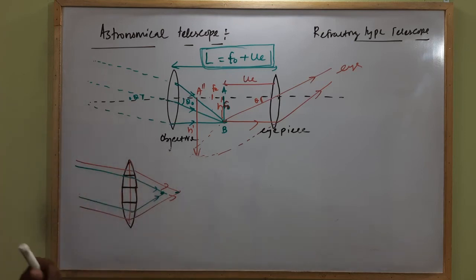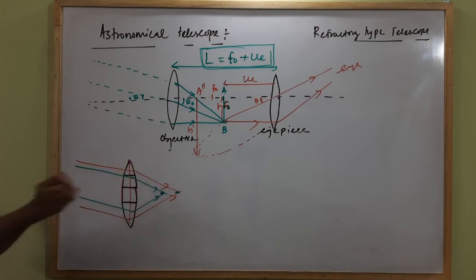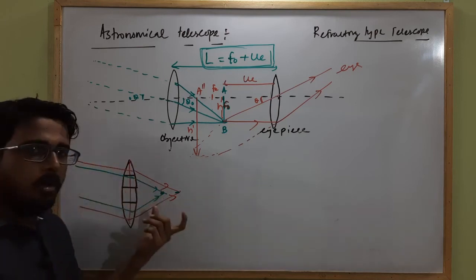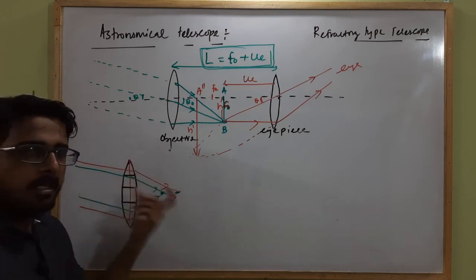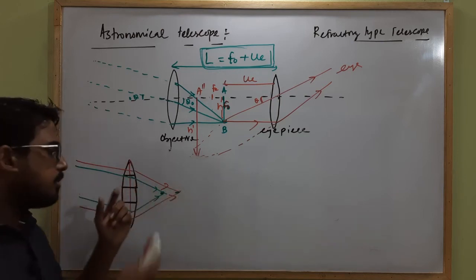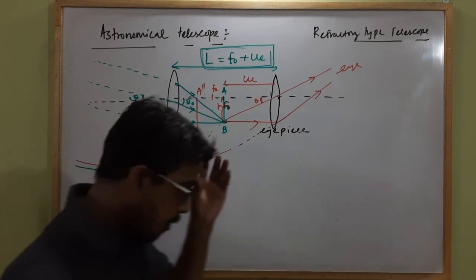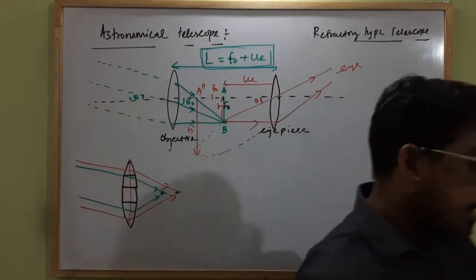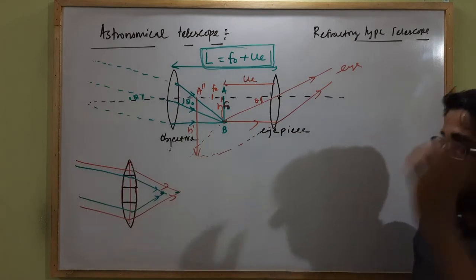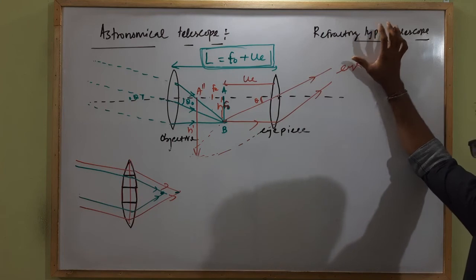So due to the large aperture of the objective, the image will be blurred due to spherical aberration, and again the color of the image will be different due to chromatic aberration. Okay, so due to these two drawbacks of a large aperture objective, the refracting type telescope is not good to use to see distant objects.